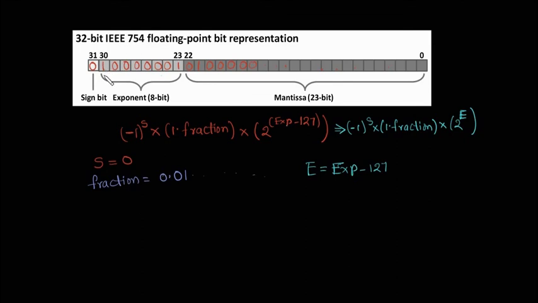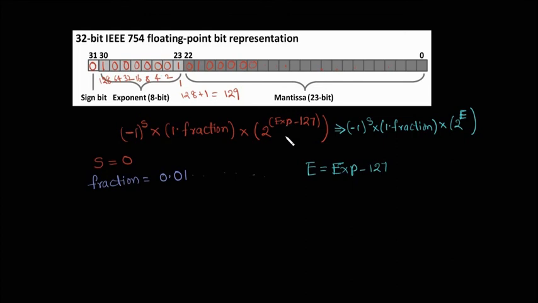What is the value of exponent? Let's write the weights first. This is 1, this is 2, 4, 8, 16, 32, 64, and this is 128. So the total is 128 plus 1 equals 129.